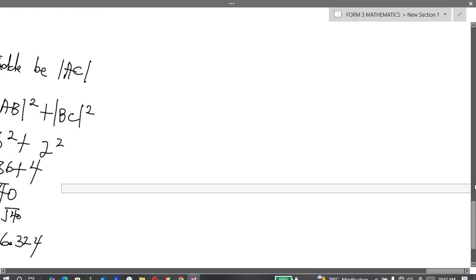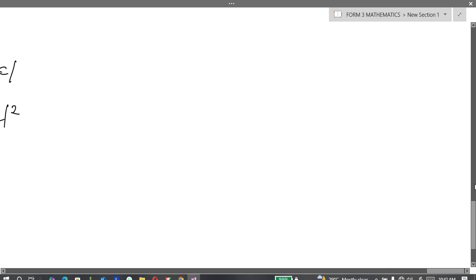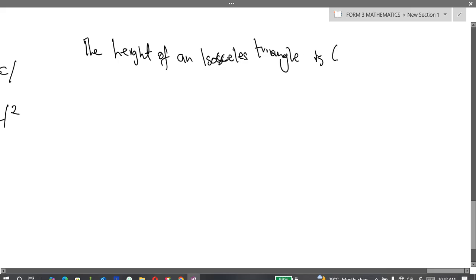Let's take our next question. So our next word problem: the height of an isosceles triangle is 6 centimeters.